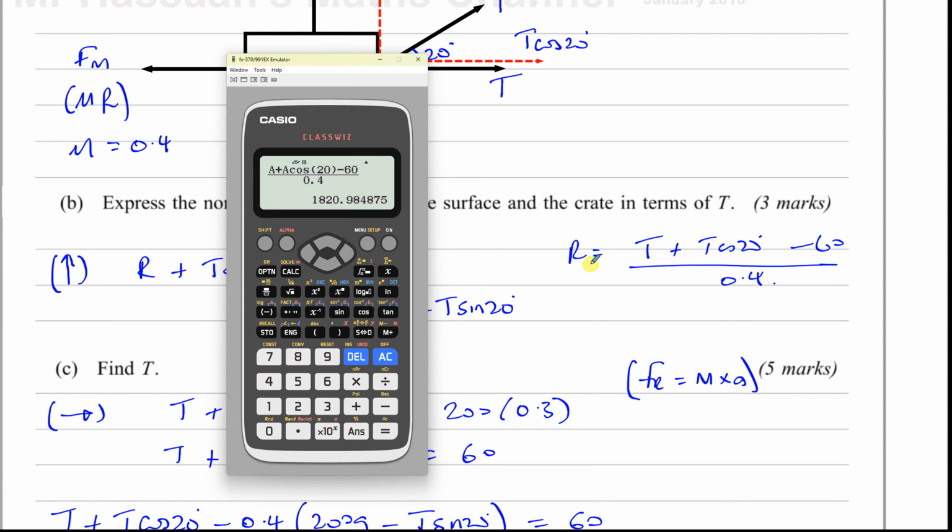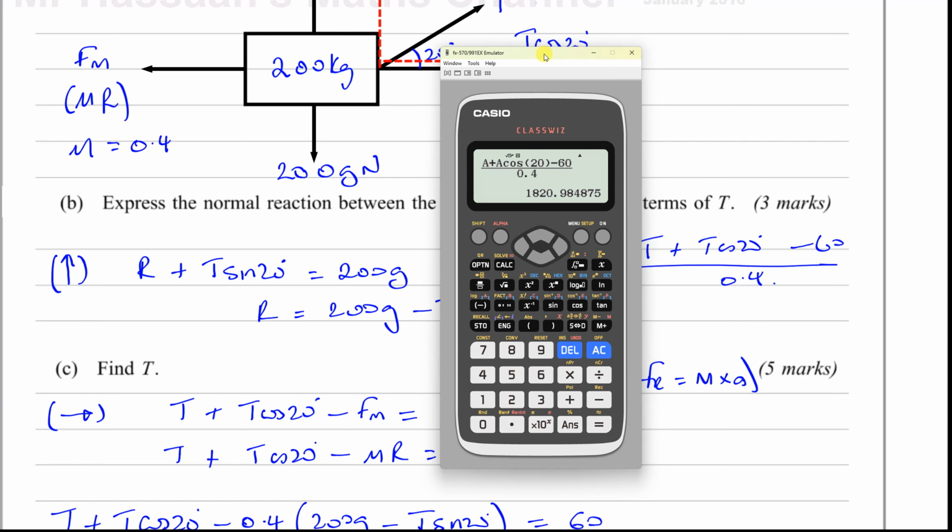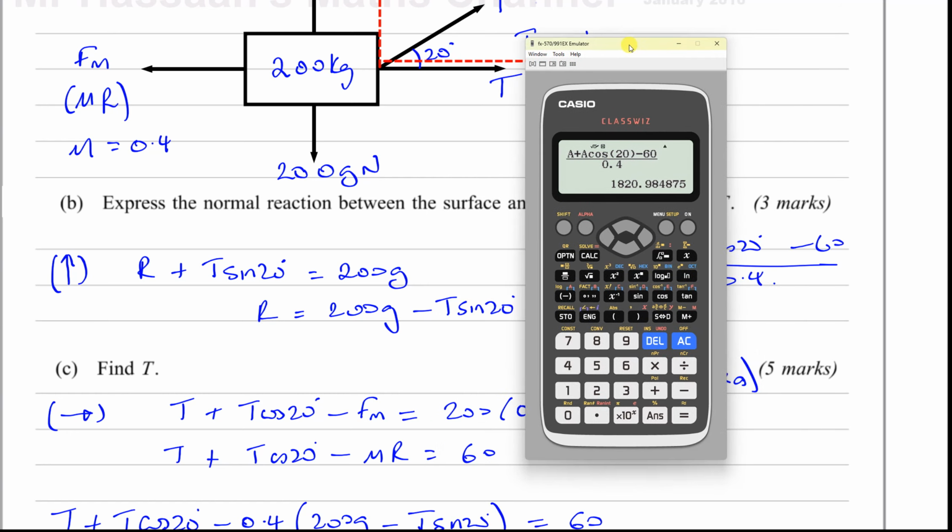Okay, so that should be the value of R, which if we use this, it should give us the same answer.